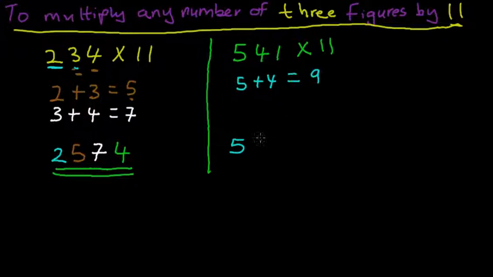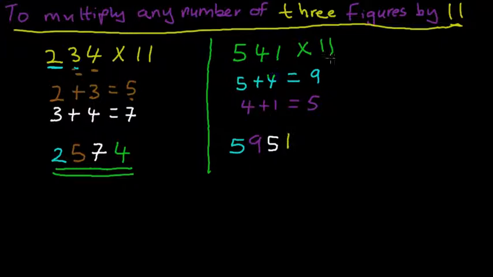You bring down the 9 and write it by the side of 5. Then you add up the second and the third digit, one after the other, which gives you 5. You write down the 5. Then you bring down the last digit, that's the third digit.